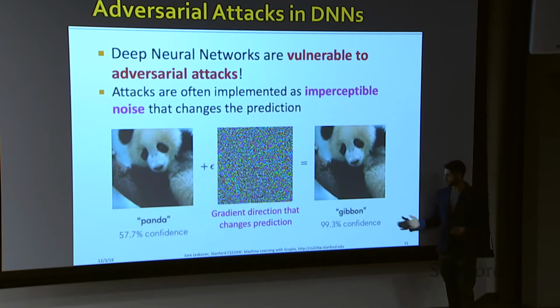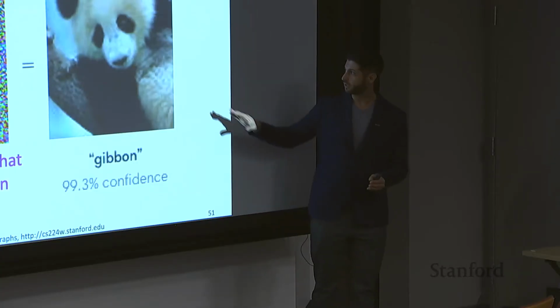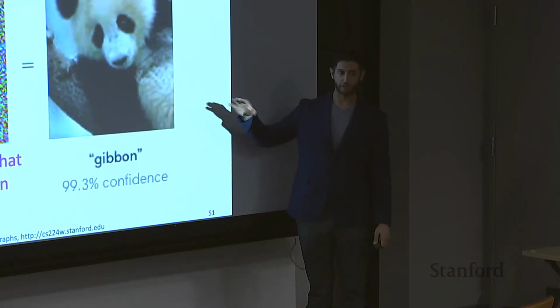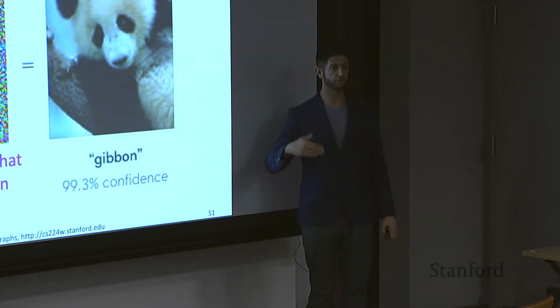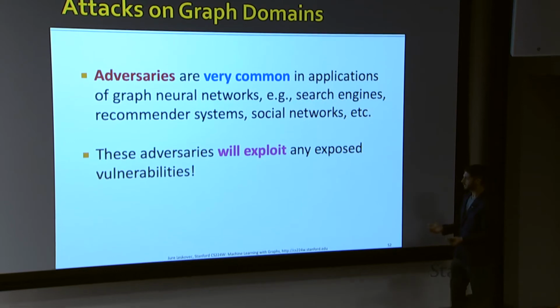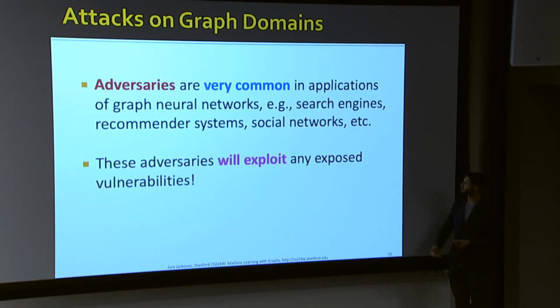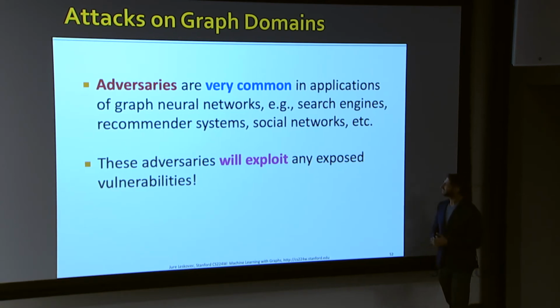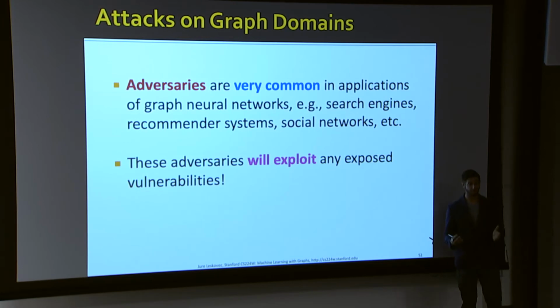So what I'm going to be showing you today is the fact that these attacks do not only apply to the domain of vision, but unfortunately they can also be applied to graphs. And adversarial attacks are very common in applications of graph neural networks, because if you think about it, graphs are used in domains where there is a lot of money and revenue involved, okay? So for instance, search engines, recommender systems, social networks, and so forth.